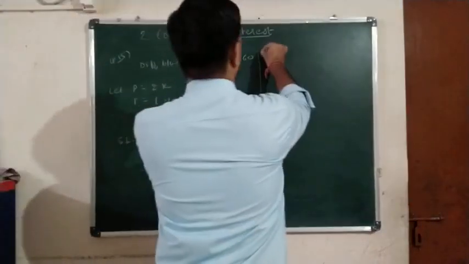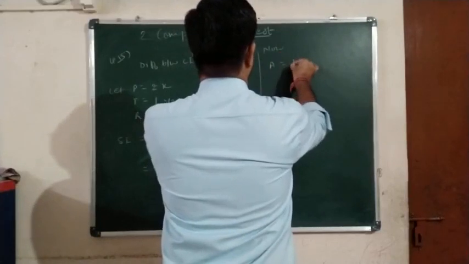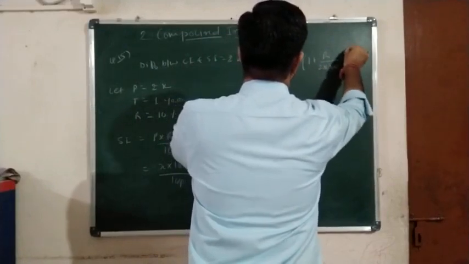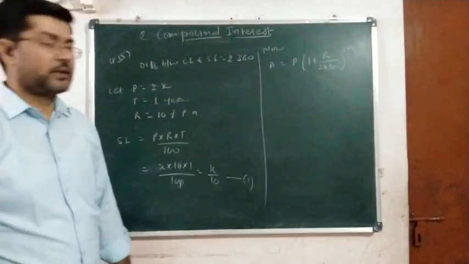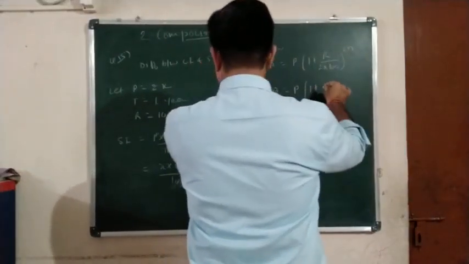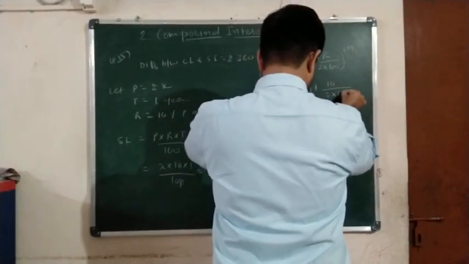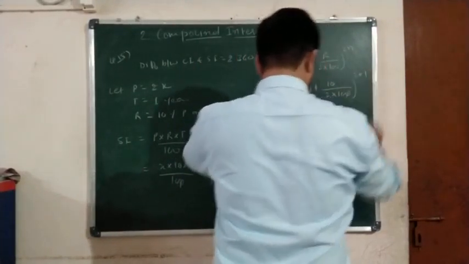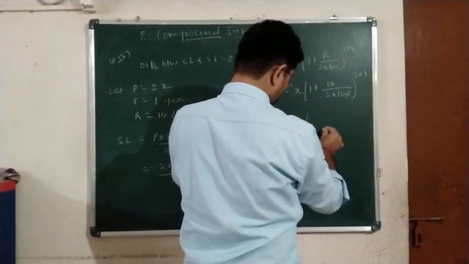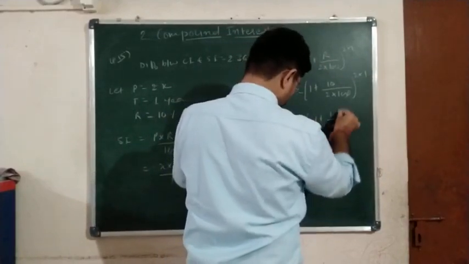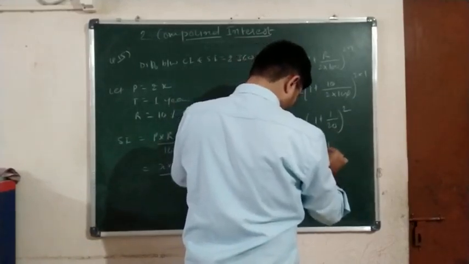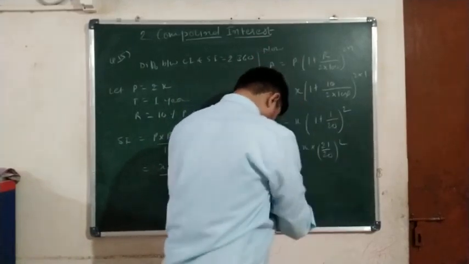Now amount, we'll put the formula. Remember that the interest is calculated half yearly, so the formula will be 1 plus R upon 2 into 100 raised to 2n. Amount is equal to P into 1 plus 10 upon 200, time is 1 year, principal is x. So 1 plus 1 upon 20, 21 upon 20 raised to 2.